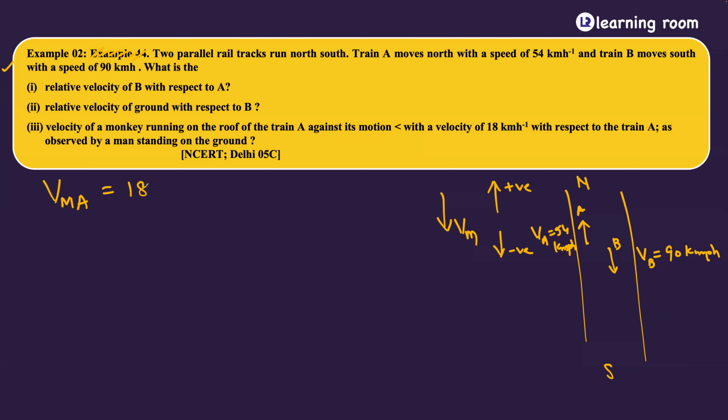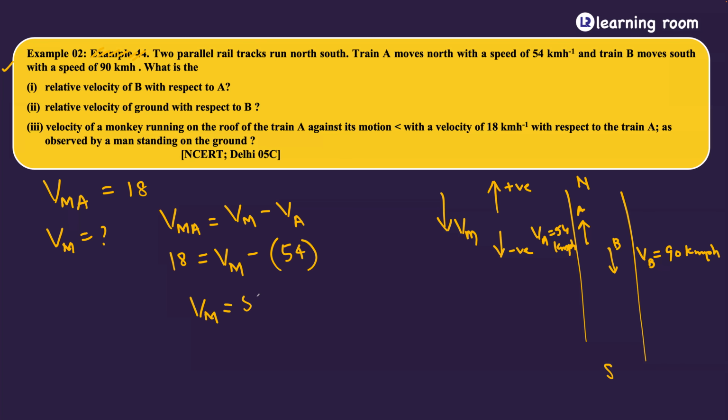Now velocity of the monkey observed by a man standing on the ground means they are asking what is the value of Vm. First of all, tell me, how can I write this VMA as Vm minus VA. So what is the velocity of monkey with respect to ground? It is going to be 18. So what is the velocity of monkey minus what is the velocity of A? So this will go to the other side. Velocity of the monkey will be 54 plus 18, which is going to be 72 kilometer per hour, which is basically 20 meters per second.